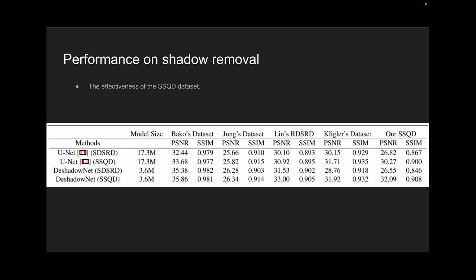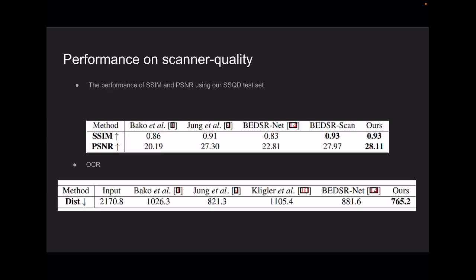This shows that our SSQD is not only more effective but also agnostic to deep learning models. The table shows such comparisons using the testing sets of our SSQD. Our method achieves the best SSIM and PSNR scores. We also conduct experiments in terms of OCR performance to validate the legibility of document images.